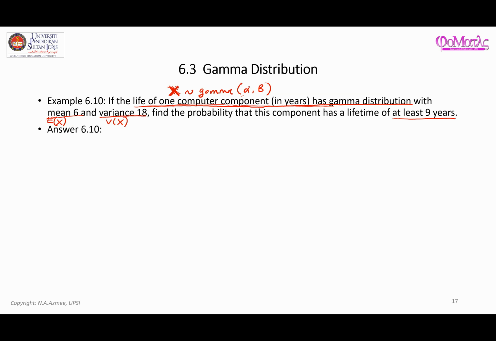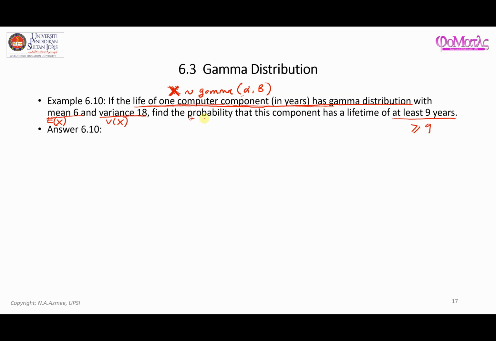Find the probability that this component has a lifetime of at least 9 years. When you talk about at least, it means it can be more than that. At least 9 means the minimum value is 9, but it can be more than that, or equal to 9.